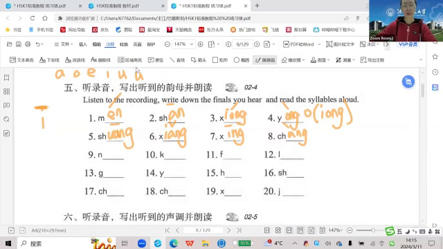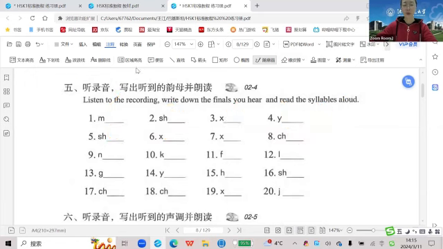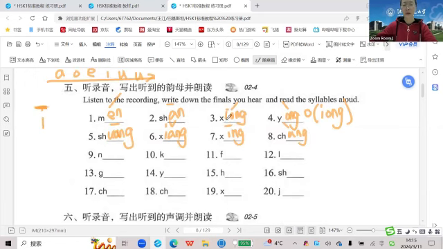Sorry, I can't write the two dots. We should just follow this sequence. So look at this syllable, 熊. O is before the alphabet E, so we should mark the tone above the alphabet O, right?